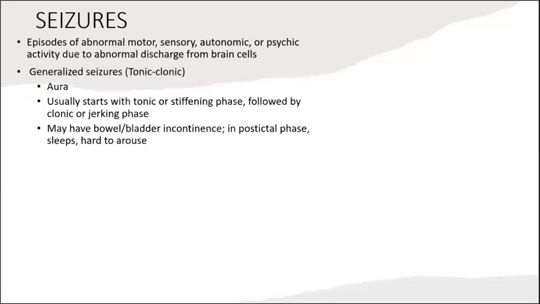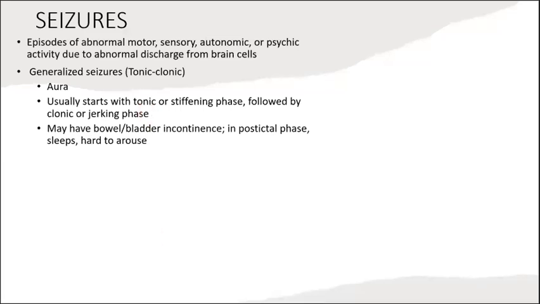So what are the types of seizures? We could have a generalized seizure or a tonic-clonic seizure. So again, tonic seizures would cause a stiffening of muscles, while the clonic seizures are going to cause jerking, or you're going to see them twitching.